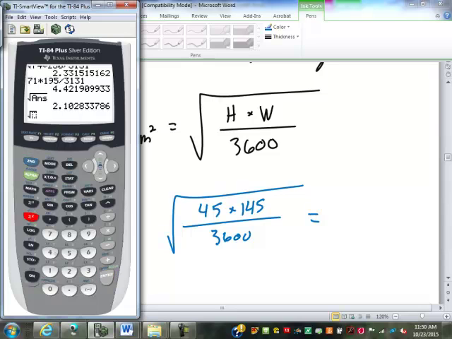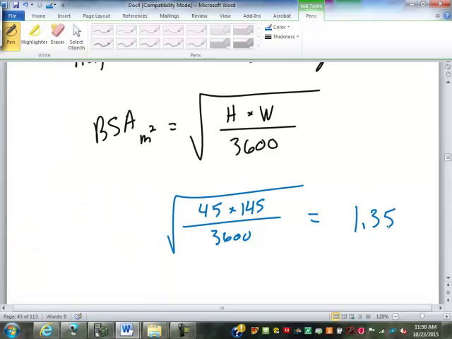Second square root, 45 times 145 divided by 3,600. 1.35. We had 1.4 square meters from the nomogram. So as you can see, consistently the nomogram gives us a slightly larger number than the formula.